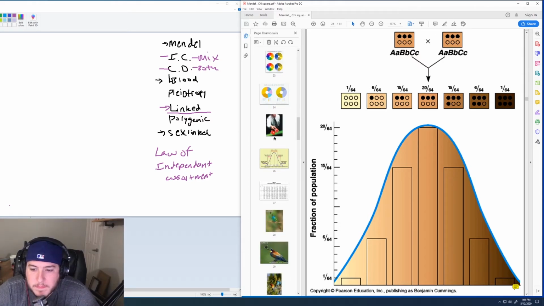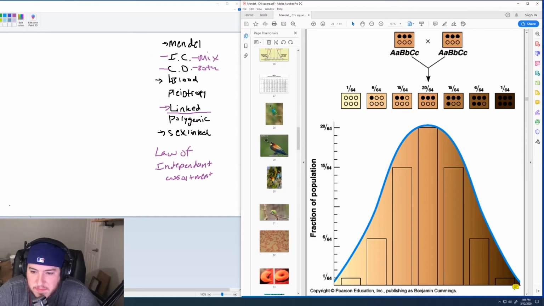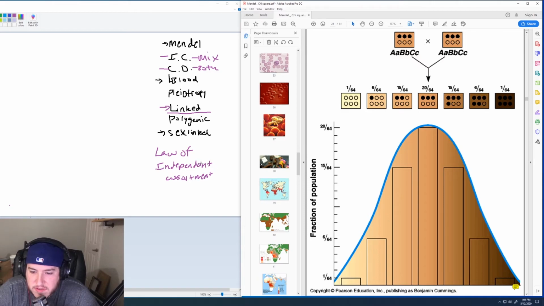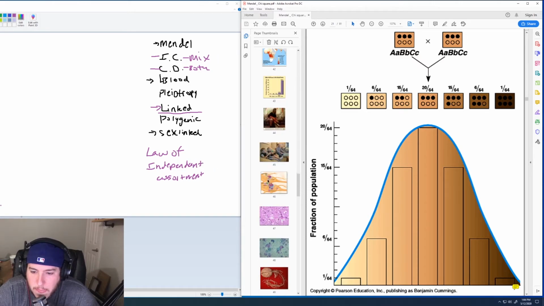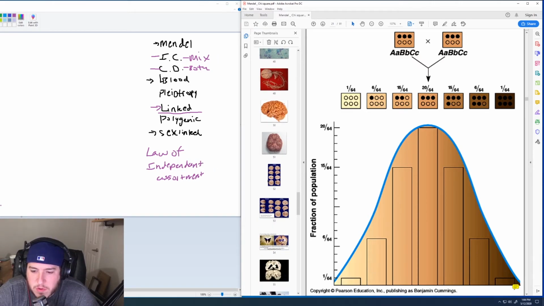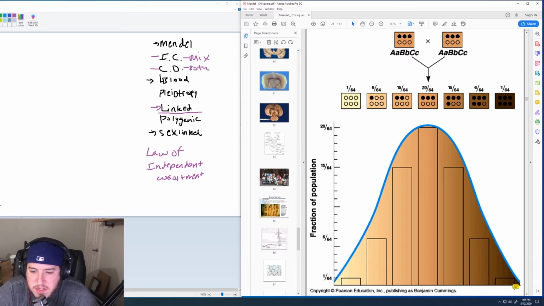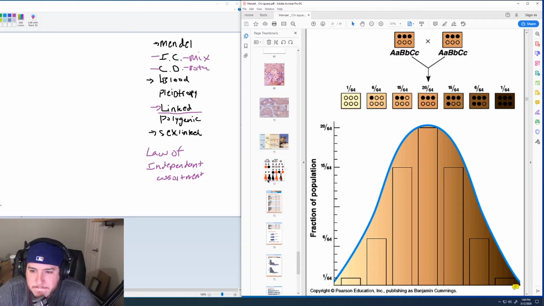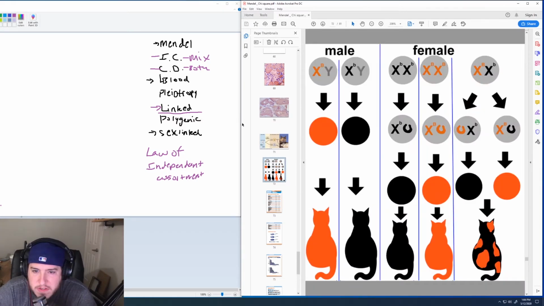And then sex linked. So sex linked is, in my opinion, the most likely thing you're going to see on the exam. And sex linked works like this.